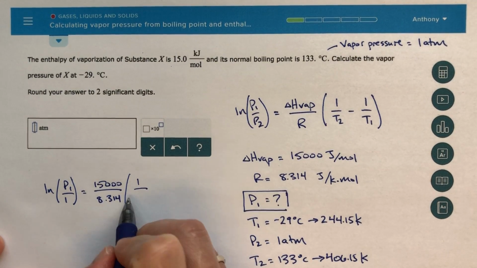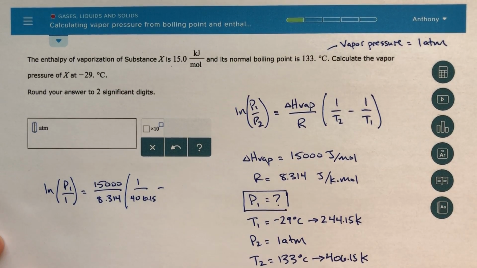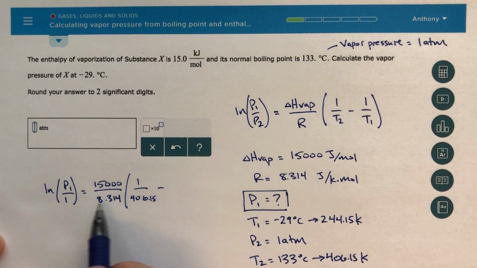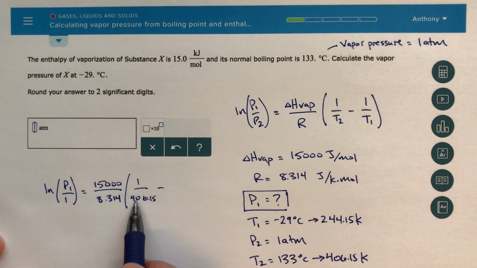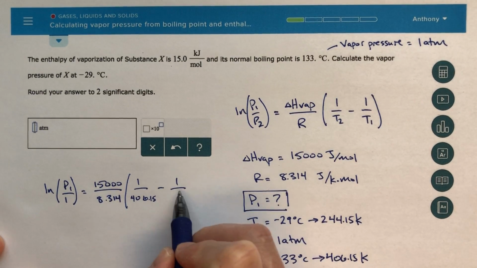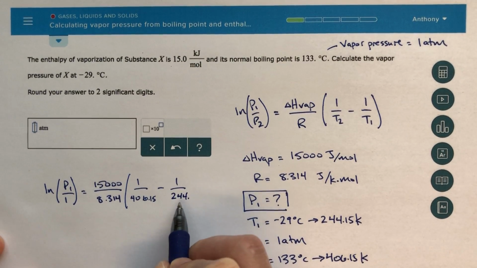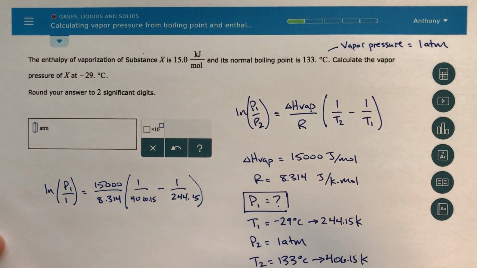Now be really careful about being consistent with T1, T2, P1, P2. We want to make sure that this is P2, that correlates with this T2. And then our other T1, 244.15. We do need to convert these into Kelvin, just because of our units. Now we're going to go ahead and solve this.